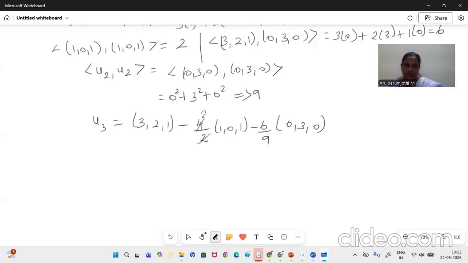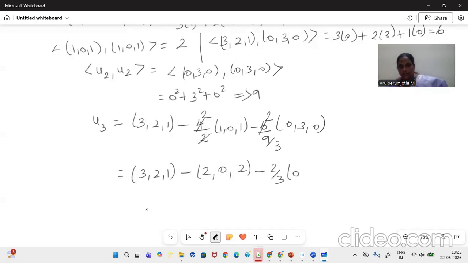Simplify this: 2 2s are 4, 2 3s are 6, and 3 3s are 9. So it is (3, 2, 1) minus 2 into (1, 0, 1), which is (2, 0, 2), minus 2 by 3 times (0, 3, 0).